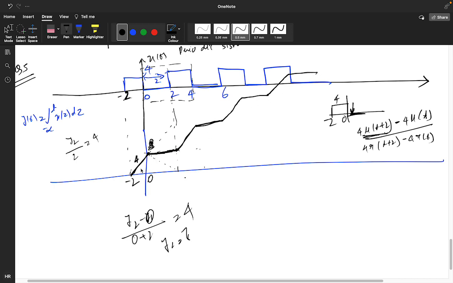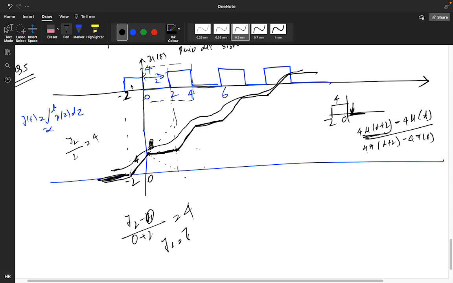So you are getting a step function like this, like this. So you are getting the step function.